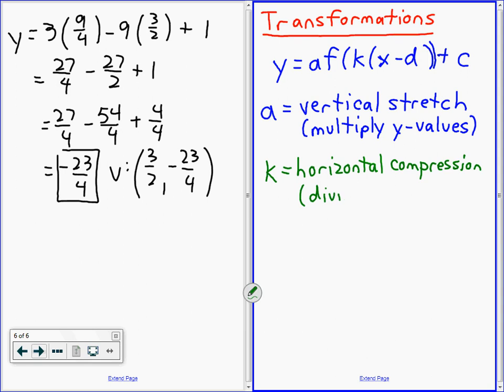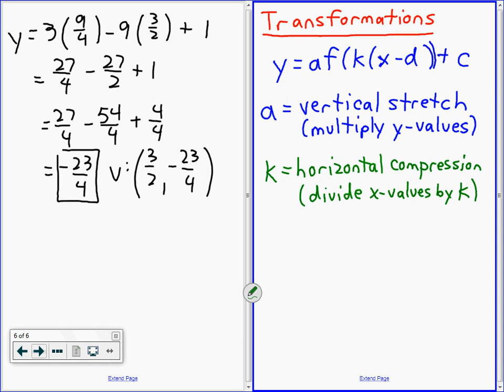Divide your x values by k. Okay, so let's say you had f of 3x. That would mean that your x values are going to be divided by 3 and the graph would get smaller like this. Okay? Does this come back to anybody? One person nodding said, thank you very much, I appreciate it.